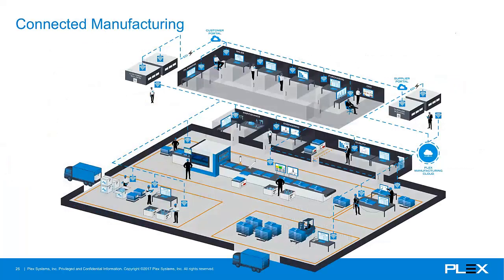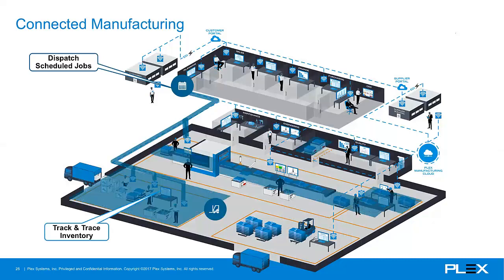To me, connected manufacturing is all about leveraging these solutions to bring your critical departments together through a unified voice. The dispatch of scheduled jobs an operator interacts with is maintained and set by your planning department. Inventory track and trace is maintained throughout the system to be a resource for making critical decisions and controlling the process.